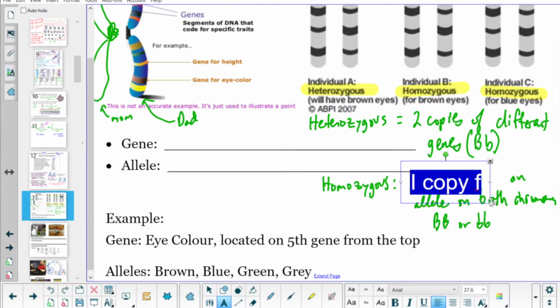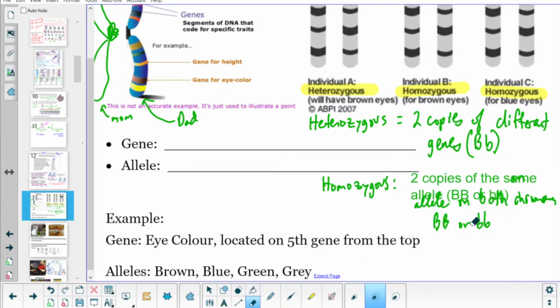I'm going to rewrite that because I can hear the cries of pain. I'm going to say two copies of the same allele. There. Is this one okay?